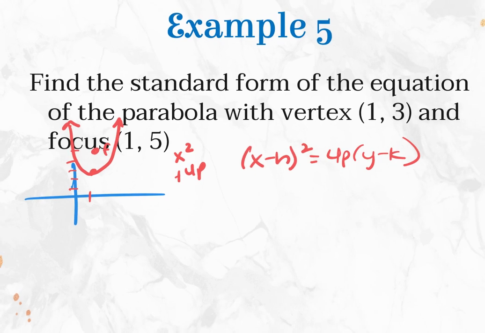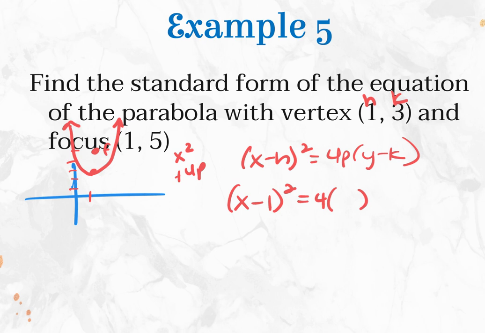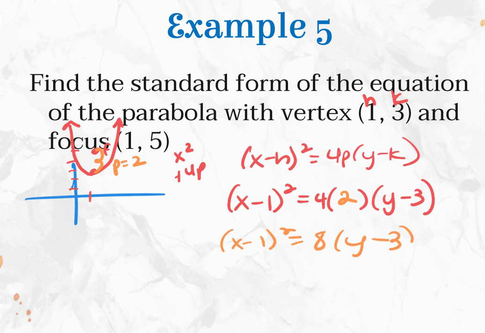Be careful and make sure you plug in the right values for the h and the k. The vertex is your hk, which means the 1 and 3 is your hk. So I get x minus 1 squared equals 4, I'm going to come back and fill in that p, y minus k, which is 3. How far apart are the vertex and the focus? 2. Good, yeah. So this would be 2. And I get x minus 1 squared equals 8 times y minus 3.